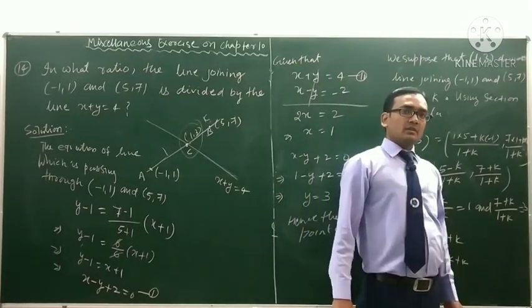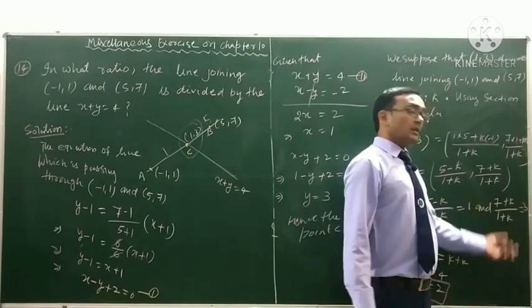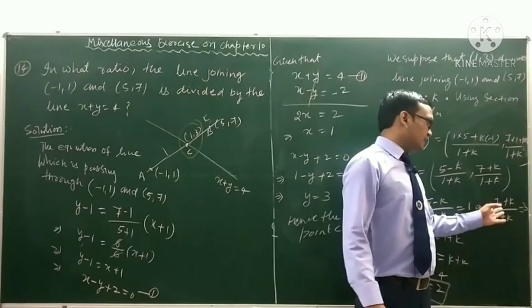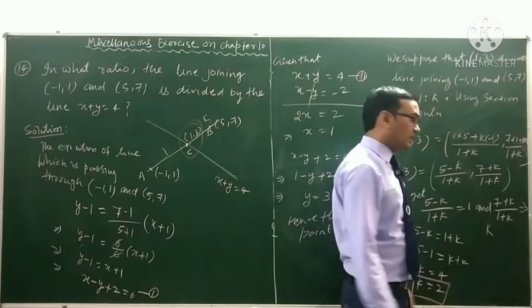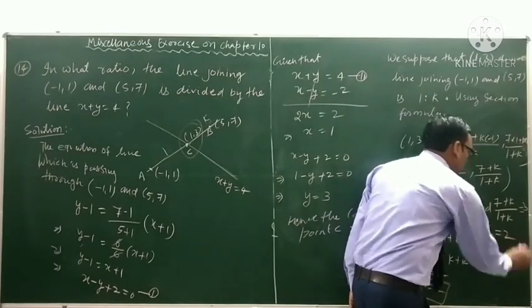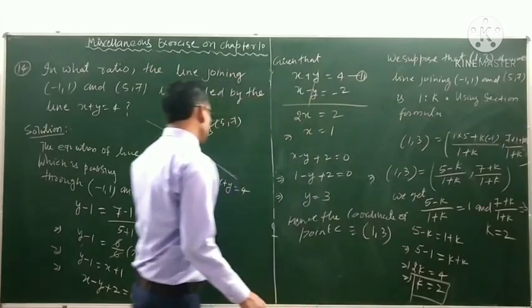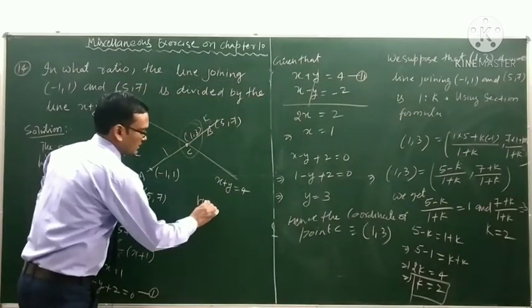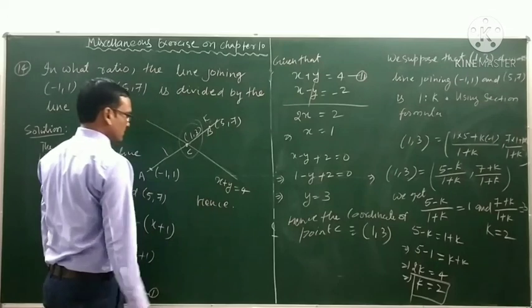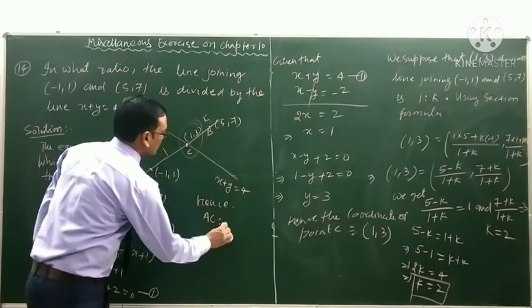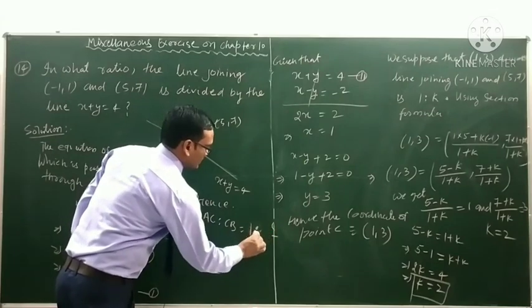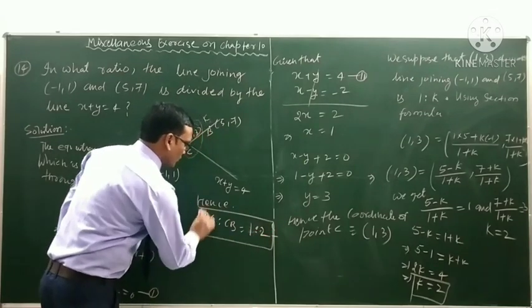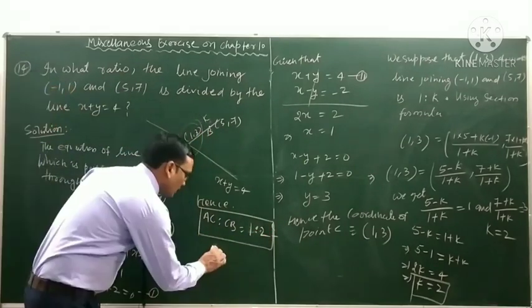If you find the value of k from the other equation, you will also find k equals 2. Hence AC to CB equals 1:2. Answer: 1:2.